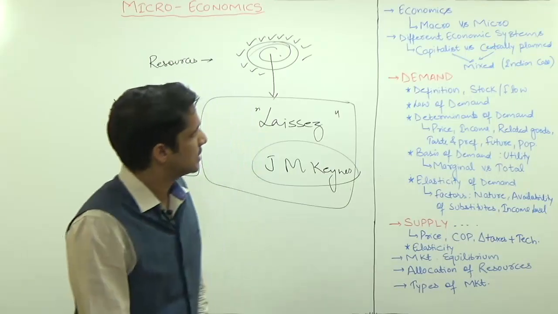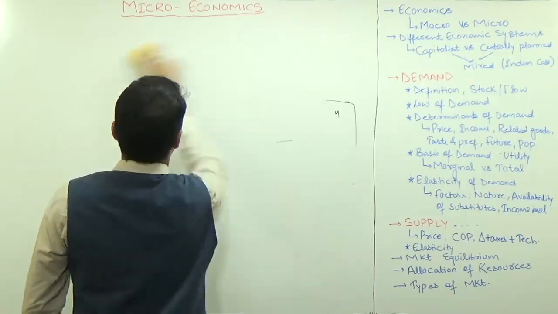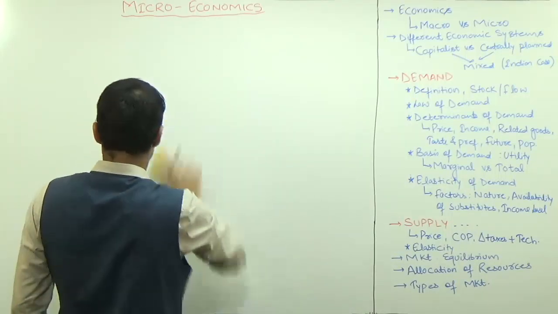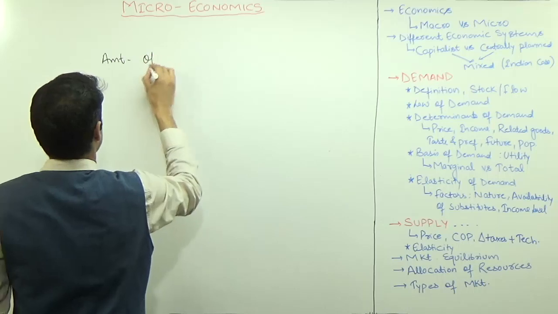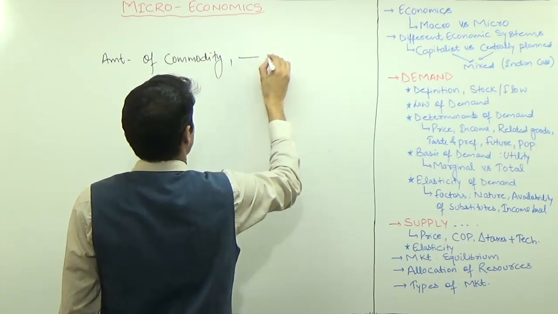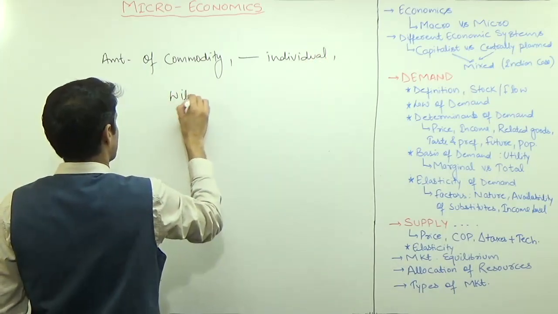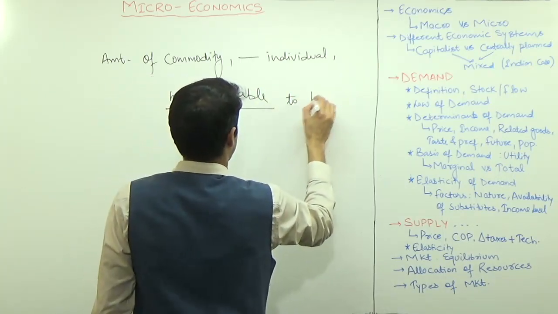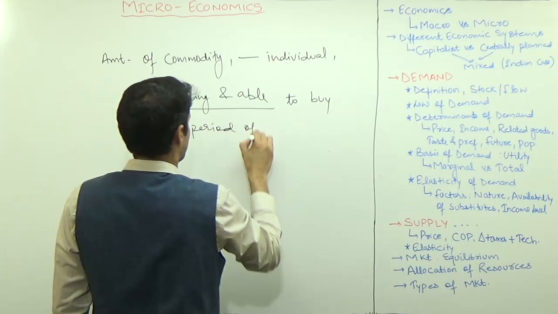Then the first thing is demand. What is demand? Demand is nothing but the amount of commodity which an individual is willing and able to buy over a period of time.